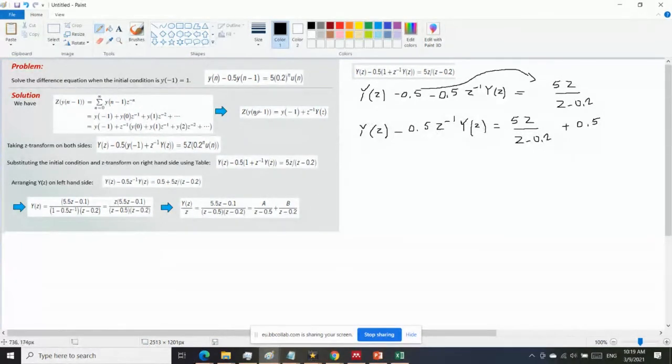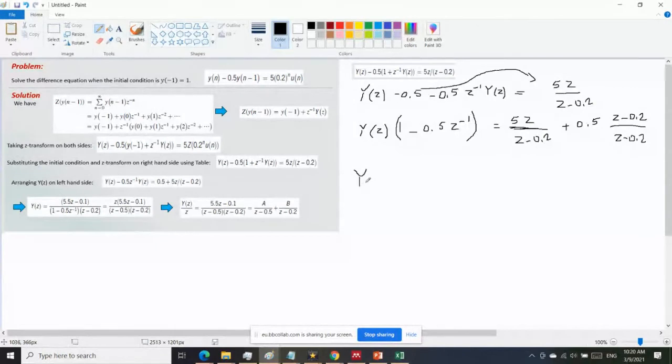And then we can take Y(z) as a common factor. And this one also we multiply by z minus 0.2 over z minus 0.2 to make a common denominator.